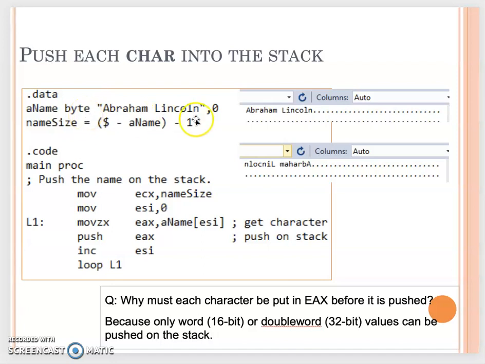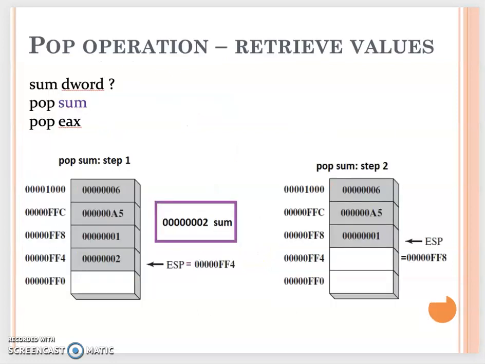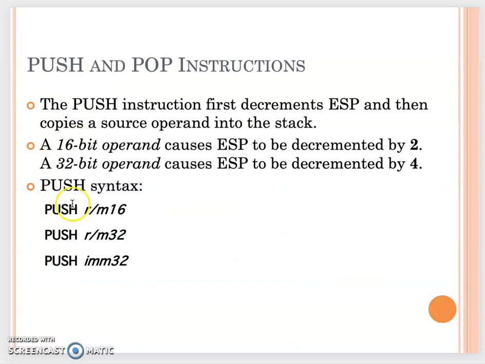Right, it's byte. Supposedly I want to push the A to the stack, right? But remember we told you earlier, your push can only be either 2 bytes or 4 bytes. So if you only have a 1 byte value, you need to extend the value, then you push.